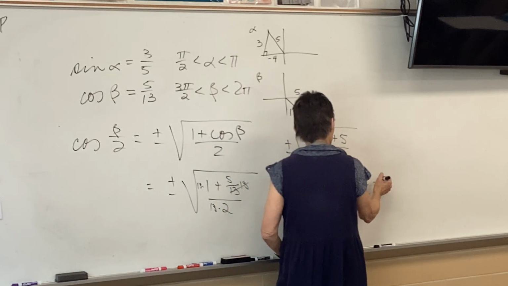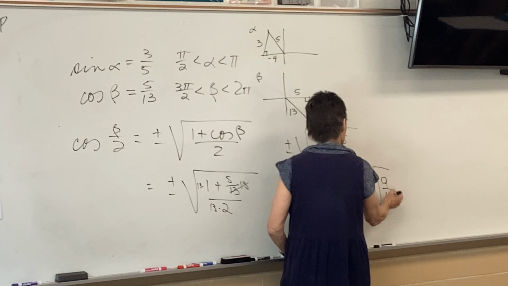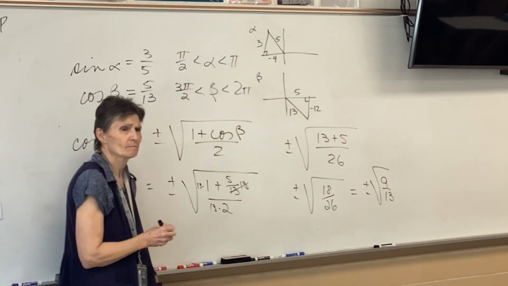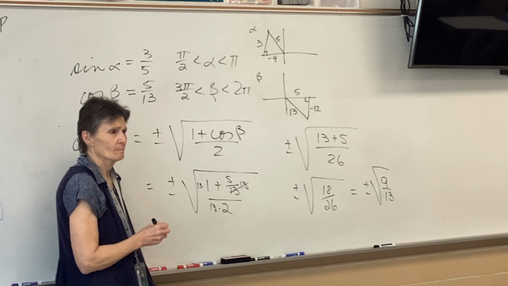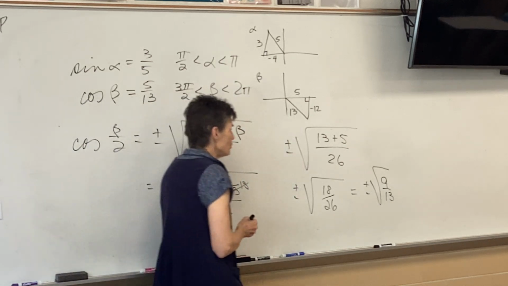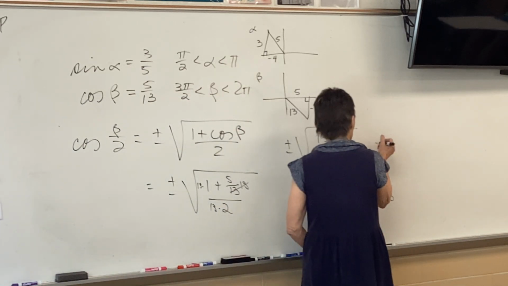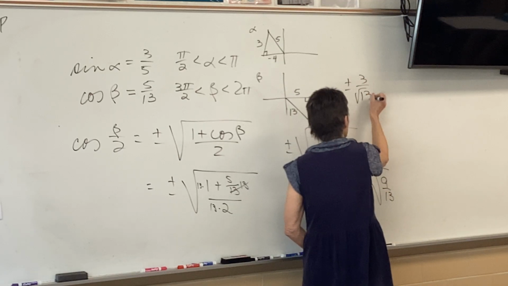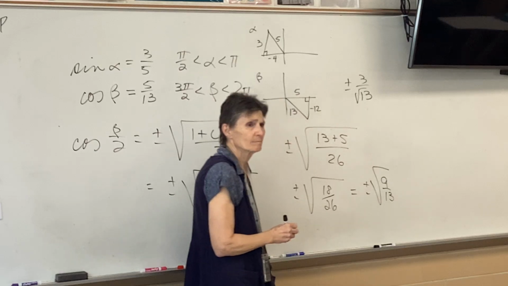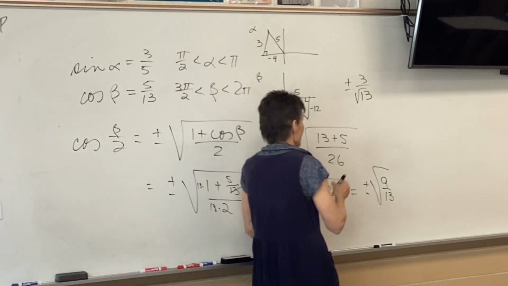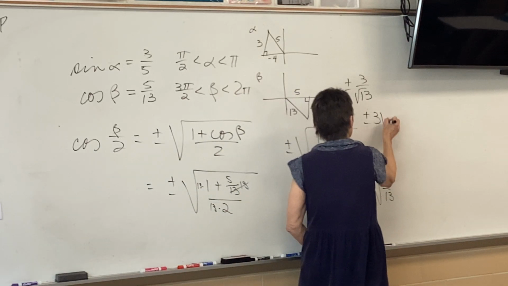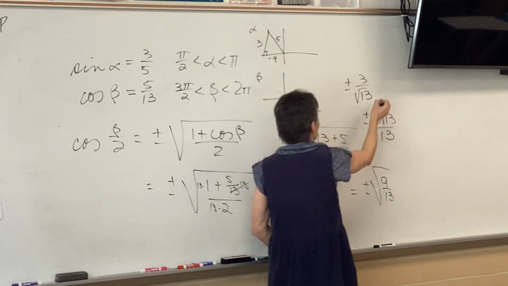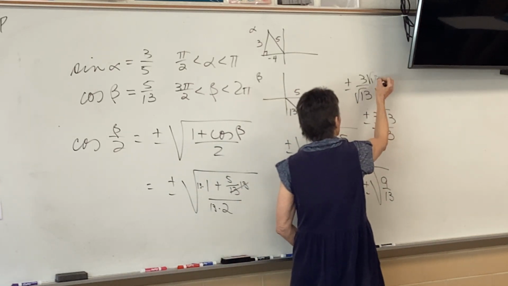So it would be the square root of 9/13. Would you agree that that would be 3 over root 13? Break it down to 3s. And then we could say 3 root 13 over 13 if we wanted it to look really nice, rationalize it.